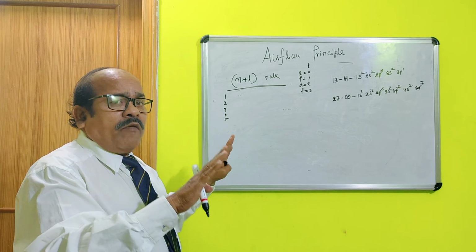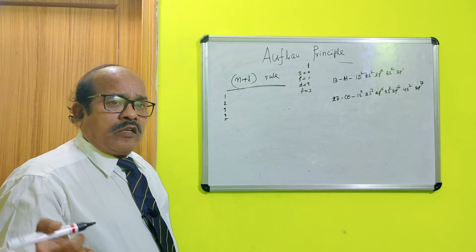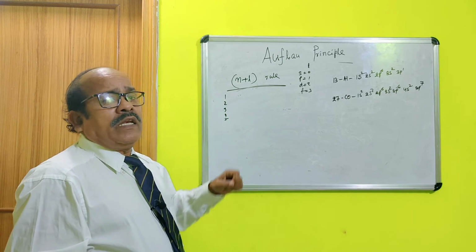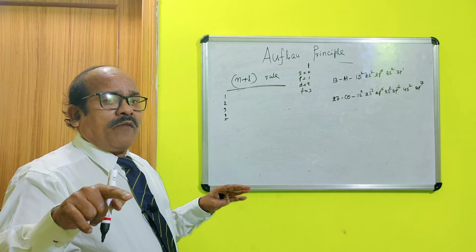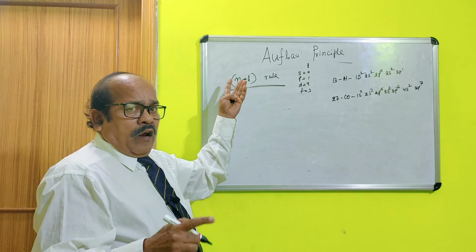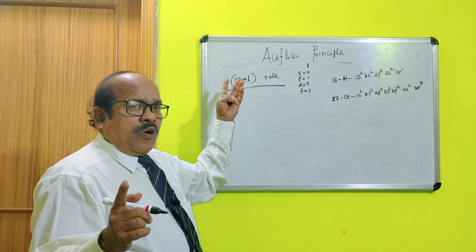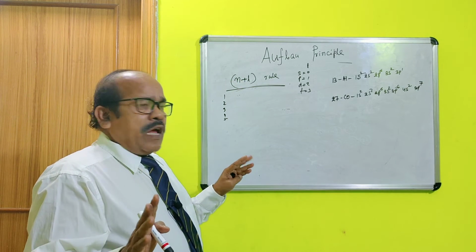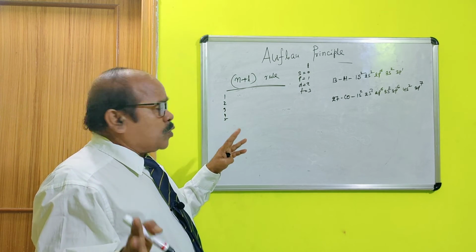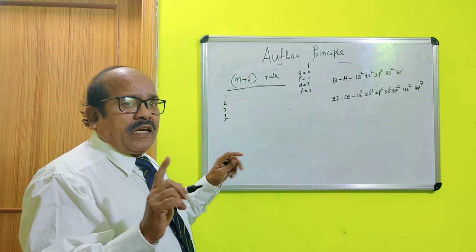Where N plus L value will be equal, electrons will go to that place where the N value is less. I shall tell you with the help of an example. If you take the summation of N plus L, electrons will go to that place where the value is less. Now where N plus L is equal, electrons will go to that place where the value of N is less.